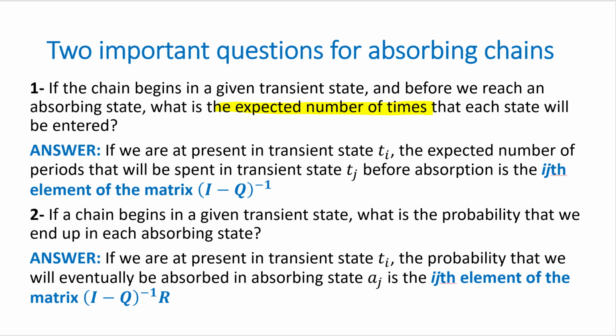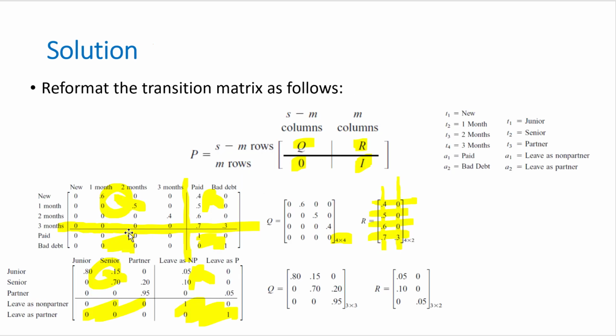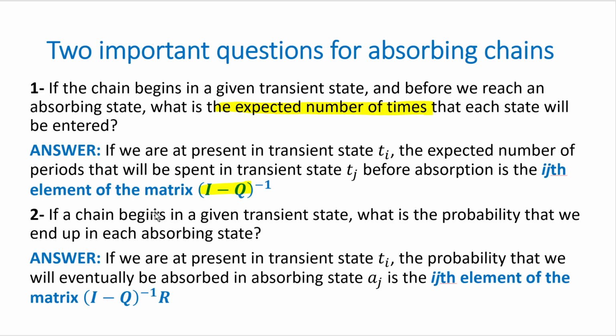To answer that question, we need to get the inverse of this I minus Q matrix. I is the identity matrix, and that minus Q, which was the northwest part of the reformatted matrix. Q, I minus Q, then you get the inverse.